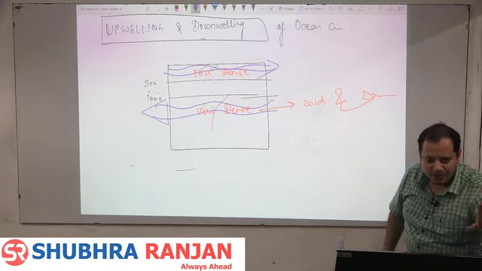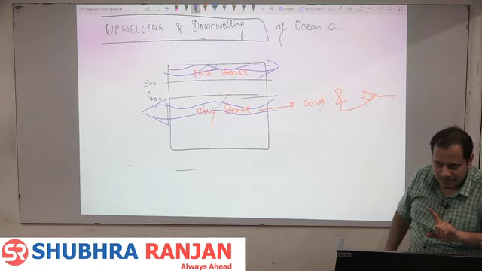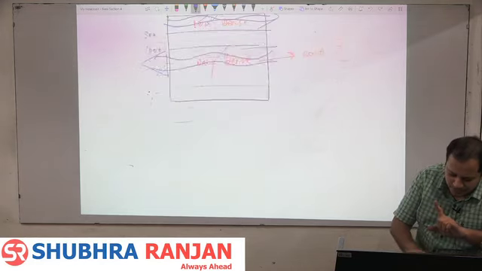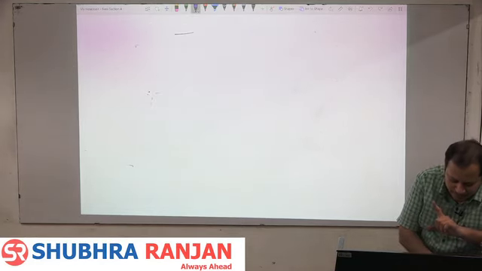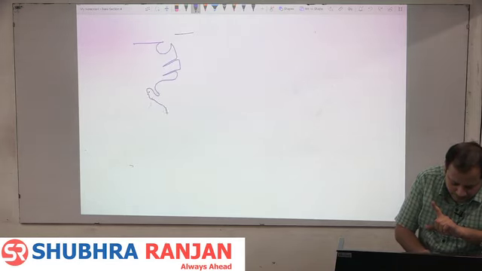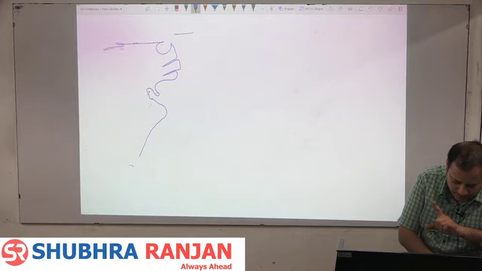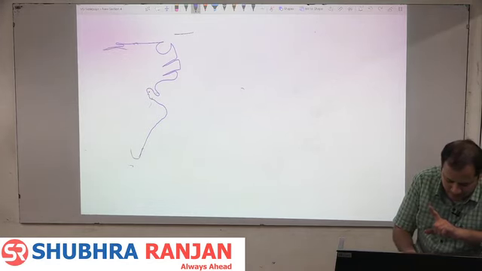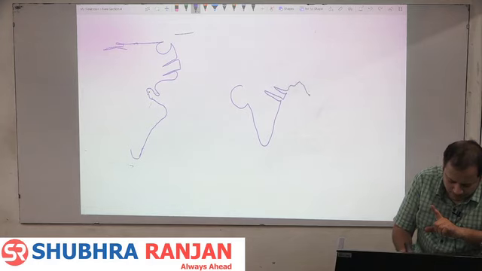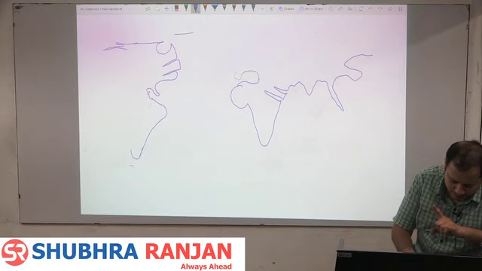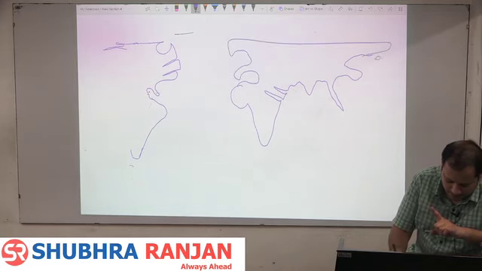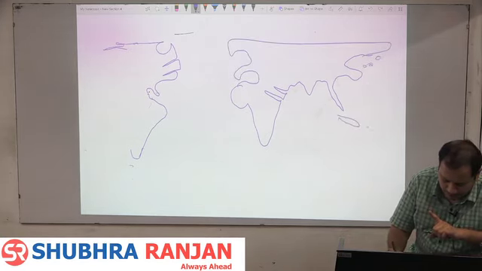But why am I telling you? Because you will not understand upwelling without this. Getting it? So understand this as a world map. No need of drawing this world map.